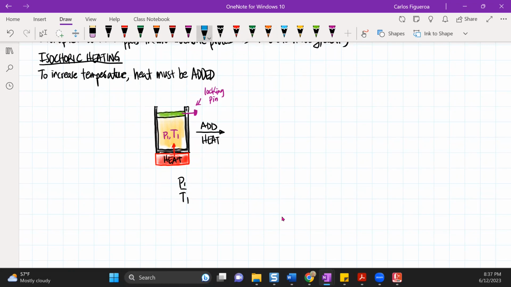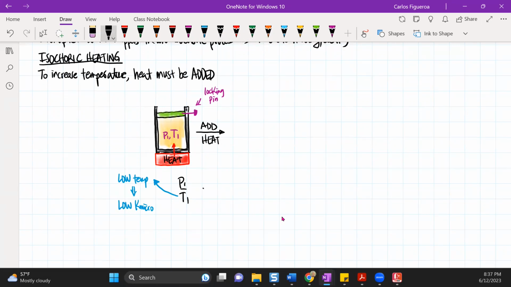So in other words, because I have a low temperature, I expect that I'm going to have a low microkinetic energy. So therefore, when they're hitting the walls, the pressure is going to be low.